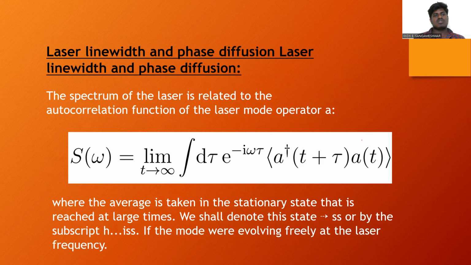Laser linewidth and phase diffusion. The spectrum of the laser is related to the autocorrelation function of the laser mode operator A, where the average is taken in the stationary state that is reached at large times.